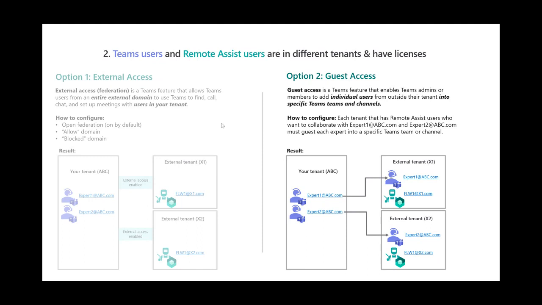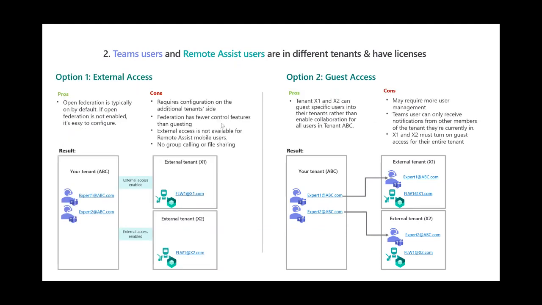Then X1 will guest Expert 1 at abc.com into their X1 tenant. And then Expert 1 and the first-line worker 1 can search and collaborate with each other. It's pretty similar for X2. Let's just say X2 only wants to collaborate with Expert 2. Then X2 can guest Expert 2 into the X2 tenant, and then people in that tenant can search and collaborate with each other.